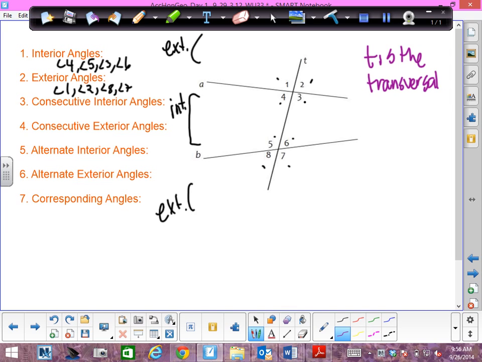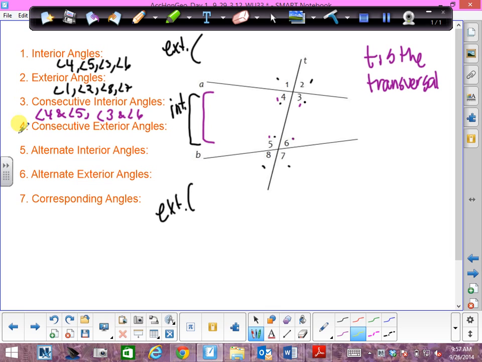So if I'm talking about consecutive interior angles, those are going to be two angles that are inside, so they're considered to be in the interior, but they are on the same side of the transversal. So 4 and 5 are consecutive interior. These are pairs. And then 3 and 6 are consecutive interior angles.